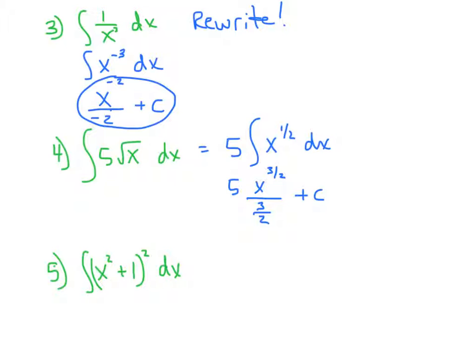And so if we are dividing by a fraction, remember that's the same as multiplying by the reciprocal. So this is the same as 5 times 2/3 x to the 3/2 plus c, which of course would be 10/3. And then you could rewrite this without the fraction. You would have the square root of x cubed plus c.